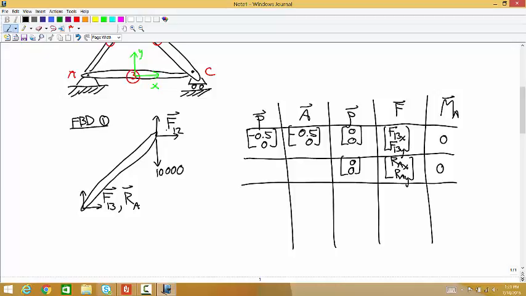And now up where the 10,000 and the F12 are, the coordinates of that point in the green coordinate system is 0, positive 0.866. The about point has to stay the same. Subtract P minus A and you get positive 0.5, positive 0.866.